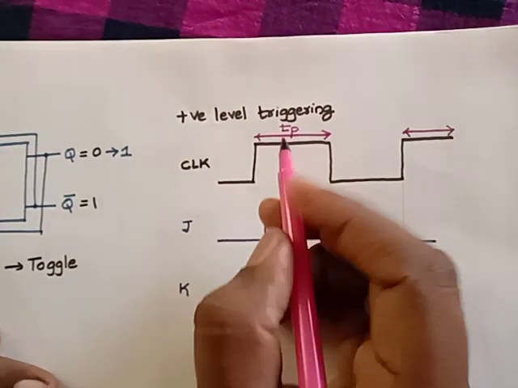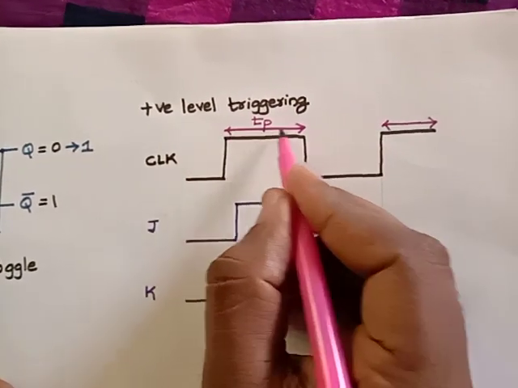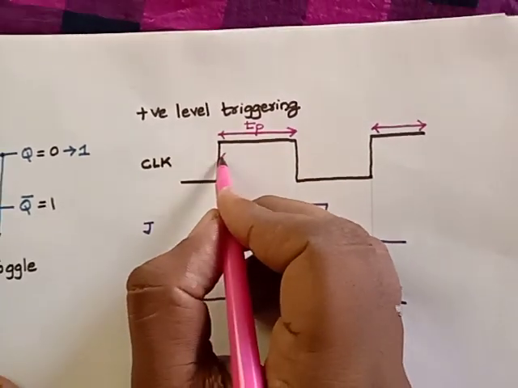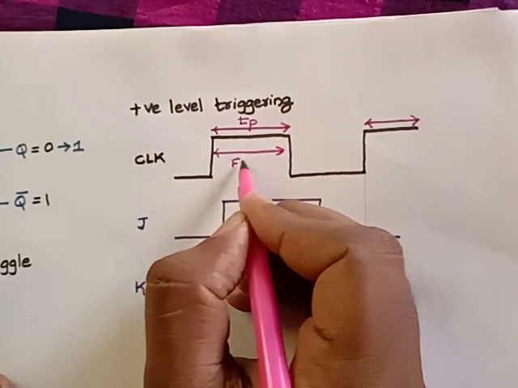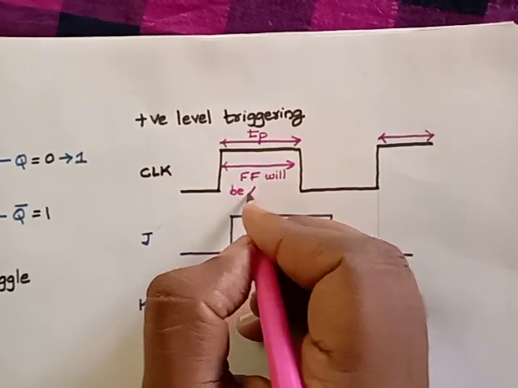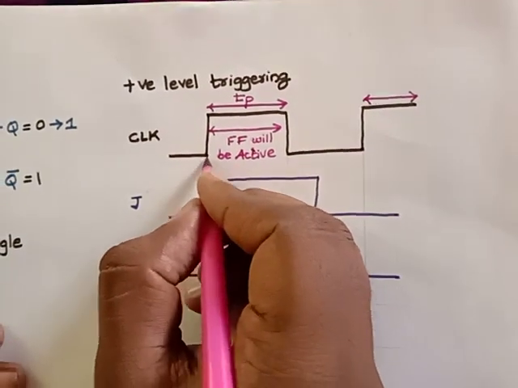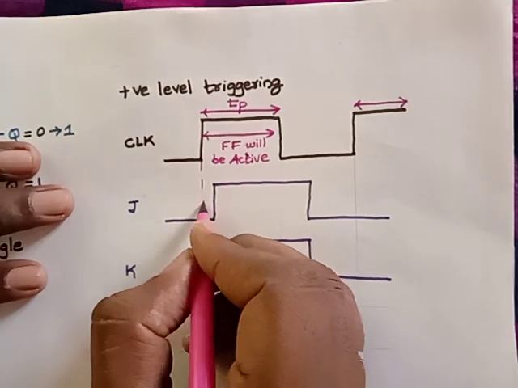Now since we are going for a positive level triggering, only during this period the flip-flop will be active, correct? So during this period the flip-flop will be continuously active. So we have to focus only on this. So I am going to focus on this.